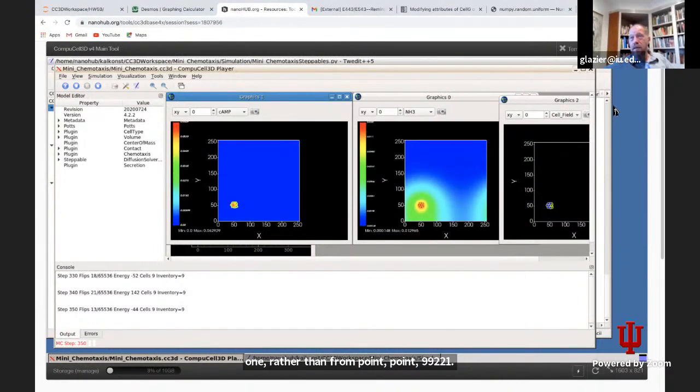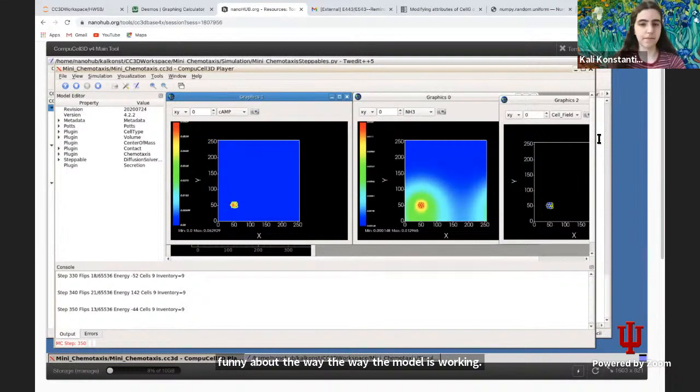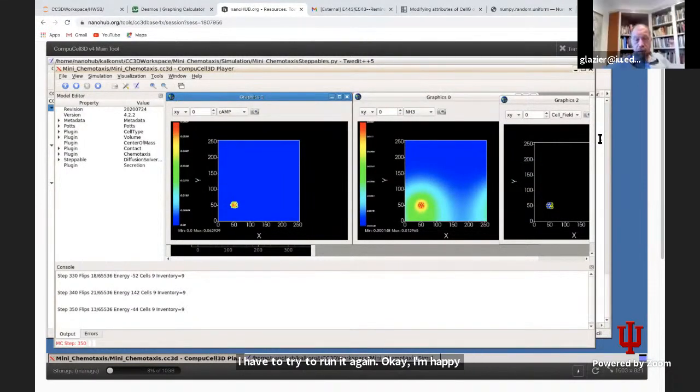And so I wonder if there's still something a little bit funny about the way the model is working. Yeah, that's a good point. I'd have to try to run it again. Okay, and I'm happy to sit with you and try to debug that, because those can be hard. As I say, the way they wrote their original model, it was coupled in a way that made it a little bit hard to separate.